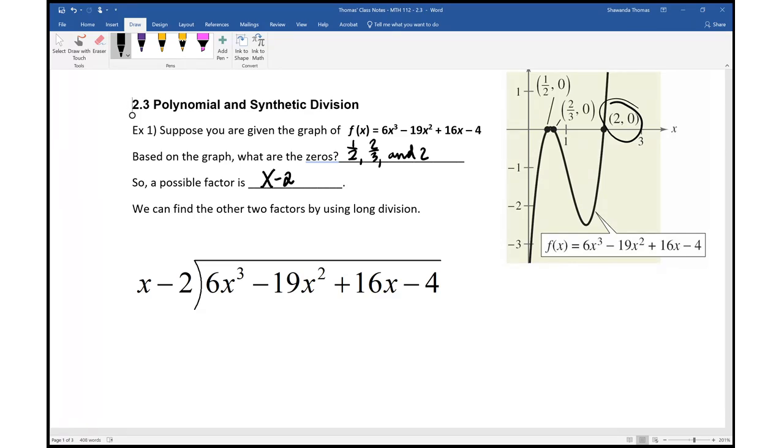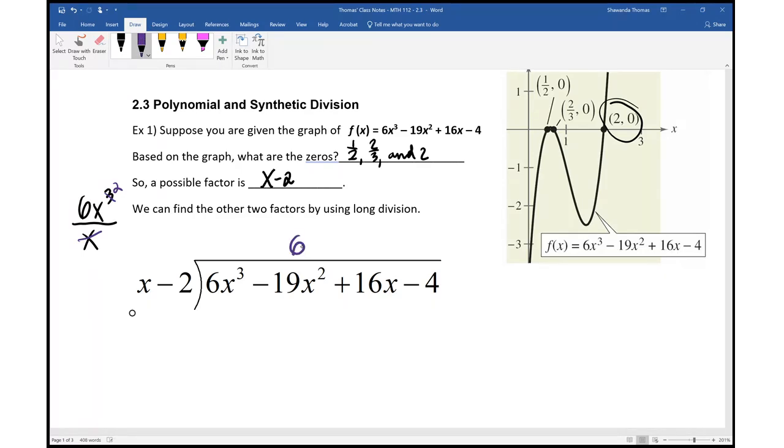So here we have x minus 2. We look at the x here. We determine what times this x will give us 6x cubed. What times x is 6x cubed? Or you can look at it as dividing that first term, 6x cubed, by x. You'll cancel out one of these x's and get 6x squared.